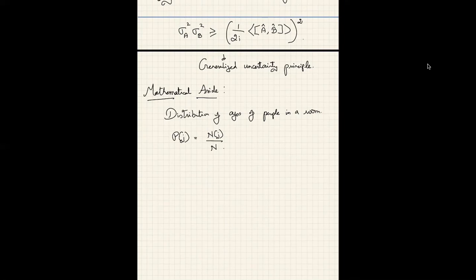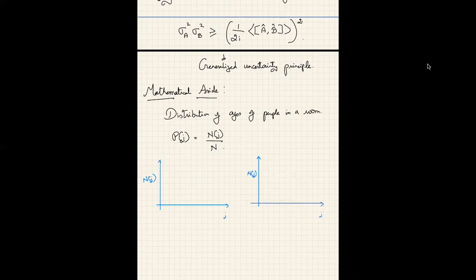Now let us suppose that there are 2 rooms with a whole different bunch of people in either room, and let us say that you have these 2 distributions for these 2 rooms. So let us say this is room A and this is room B, and I am plotting n of j on the y-axis, and the x-axis, of course, the age j.